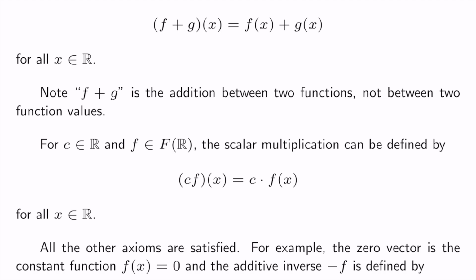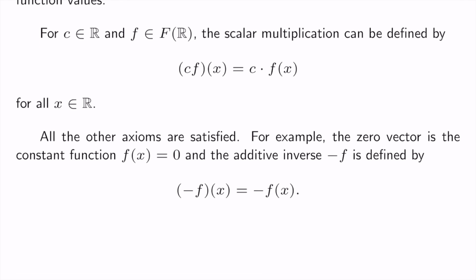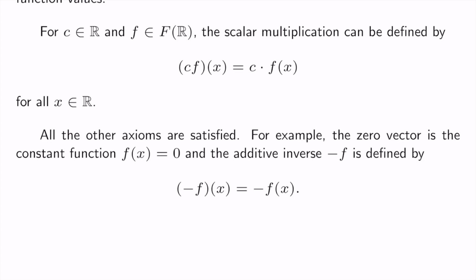For example, the additive inverse of a function f, which we denote by negative f, is a new function defined by f times -1. So negative f of x is f of x times -1. And you should check all the other axioms are also satisfied.